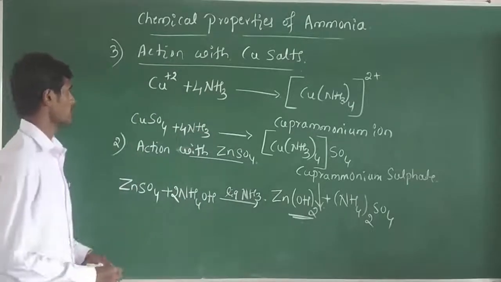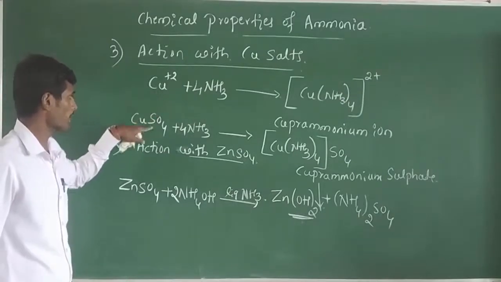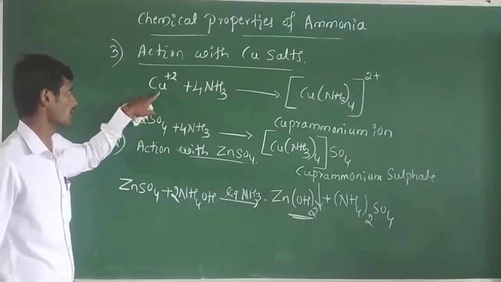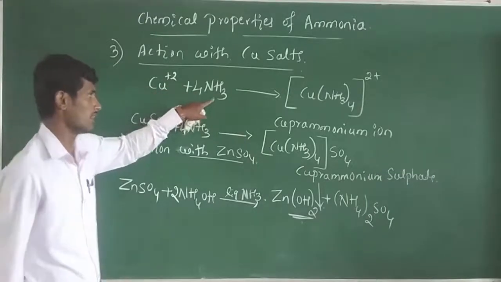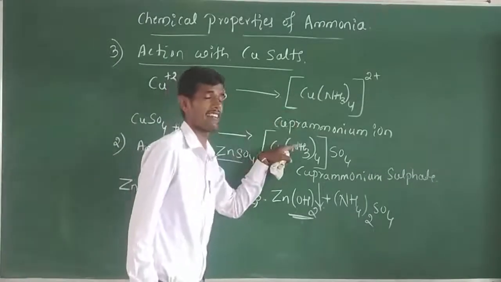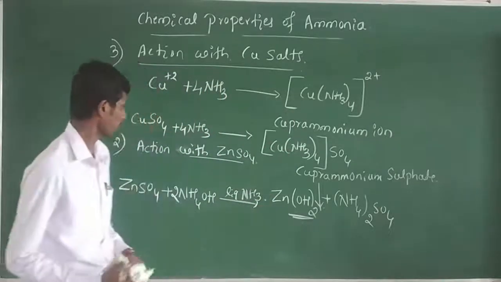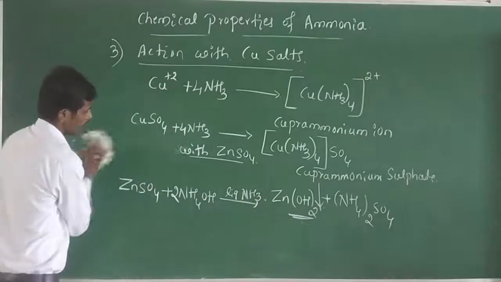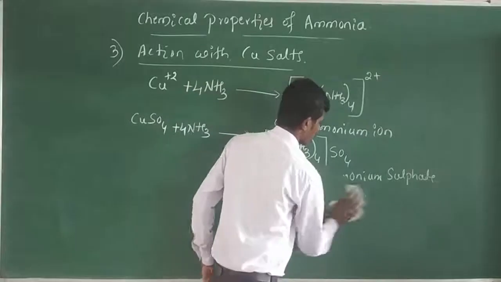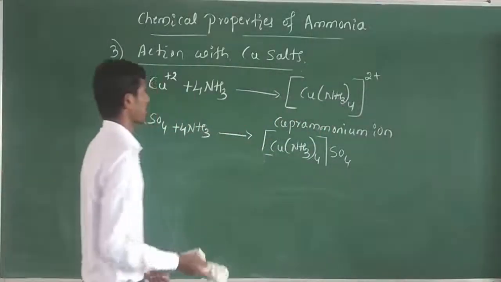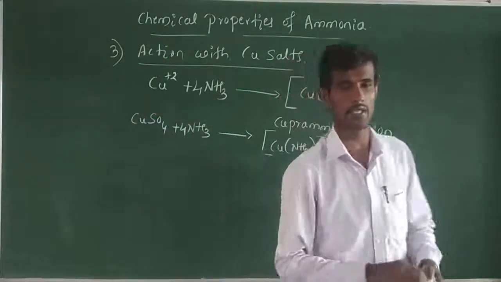According to these reactions, when copper salts or copper ions are treated with ammonia, then complexes having blue color are formed. Remember this concept, this is very important. These are some points related to the chemical properties of ammonia.